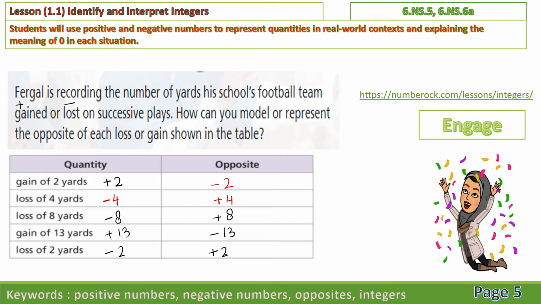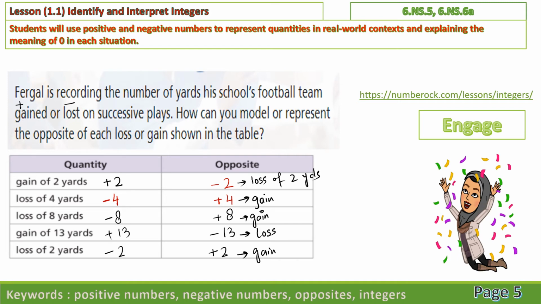Okay, now in words, negative means loss, right? Positive means gain. So wherever positive is written, you write the gain, and wherever negative is written, you write the loss. Positive means gain. And then we'll write what? Loss of 2 yards, right?